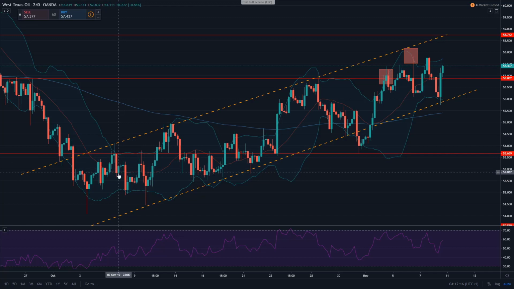Then here we could have some pips, but the price went up again. But here it broke the price with really good strength and went really down.